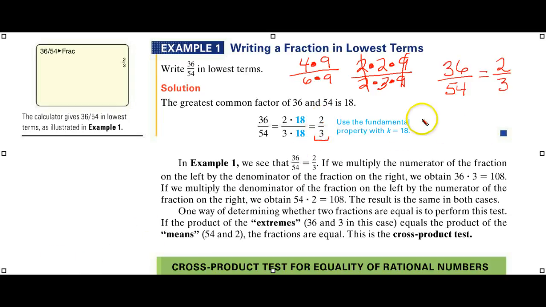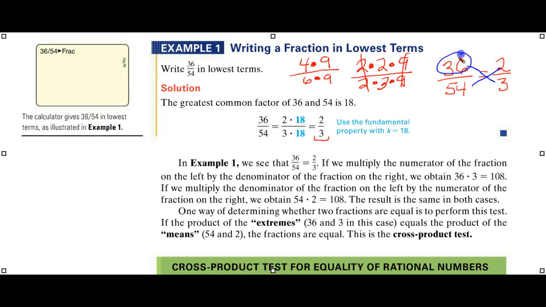And another little proof they're giving us as a tool: if we have our original fraction simplified to 2/3, we can do what is called cross multiplication, where we multiply this by this and this by this.